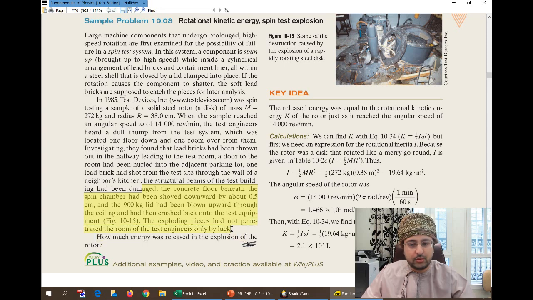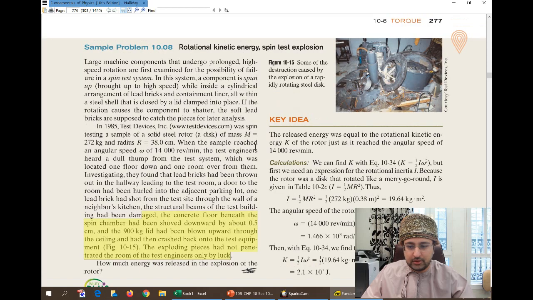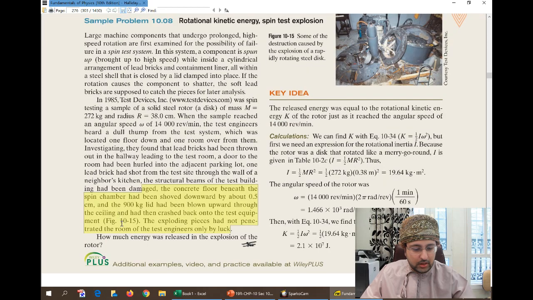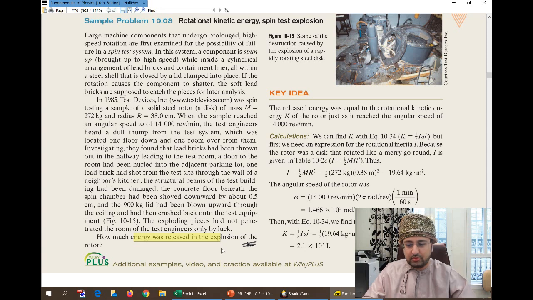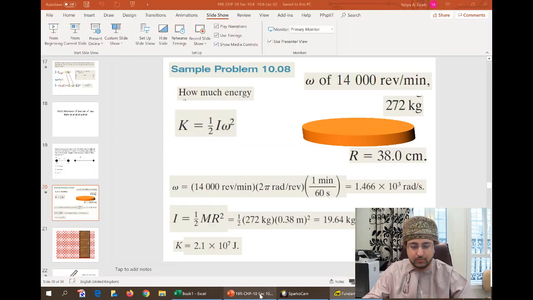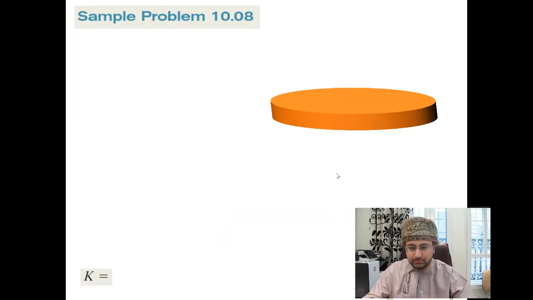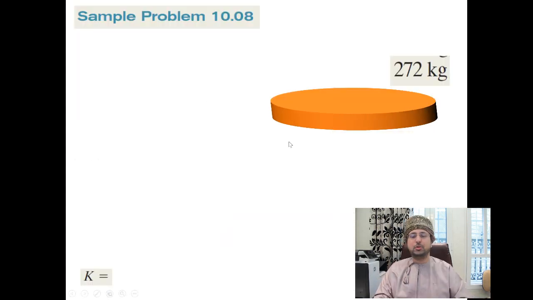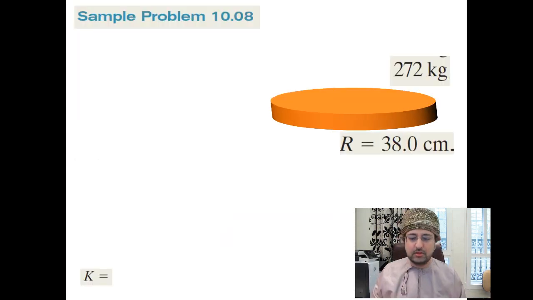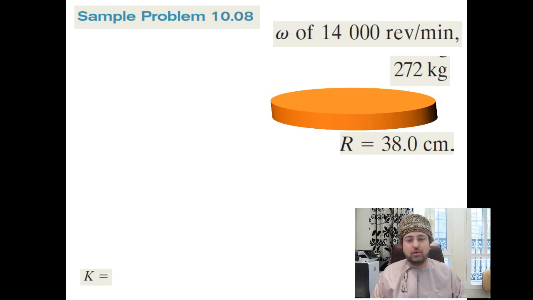Good, so now we know how to solve the problem. Here's a photo, really bad. How much energy was released in the explosion of the rotor? Well, we go back here. Mass is 272 kilograms. Radius is 38 centimeters. Velocity is 14,000 revolutions per minute.